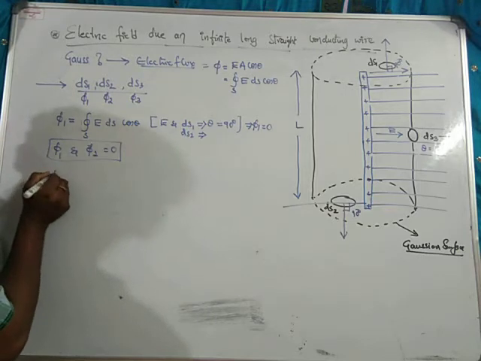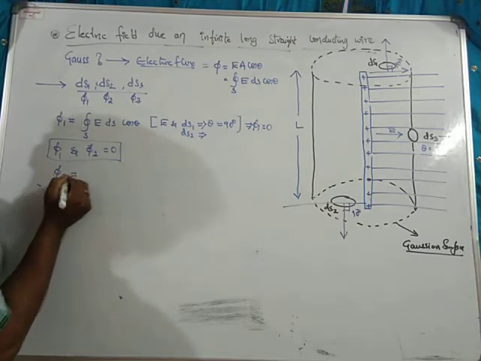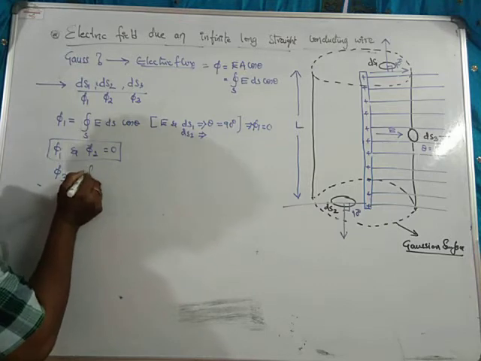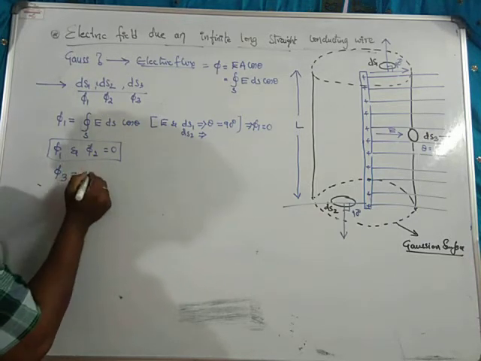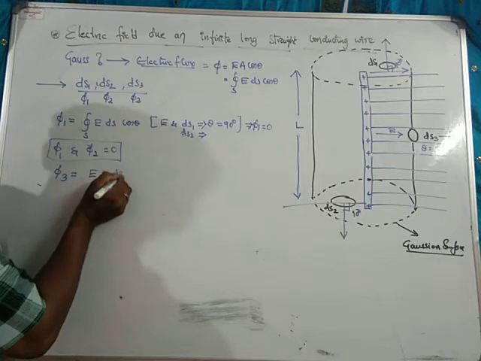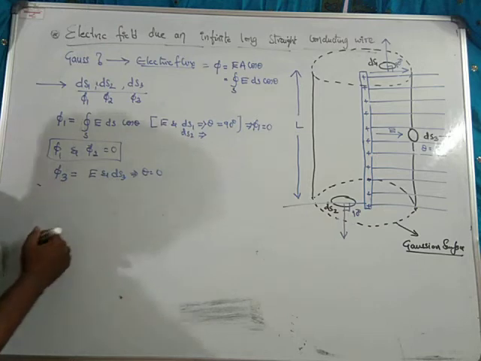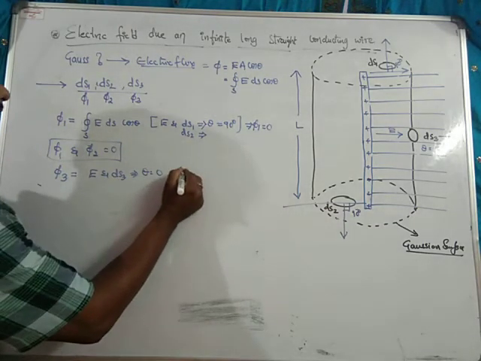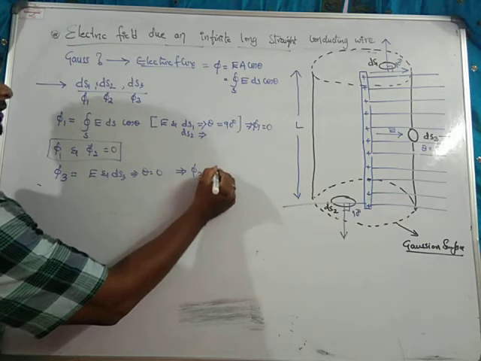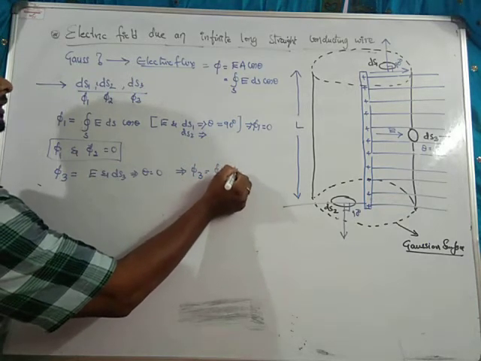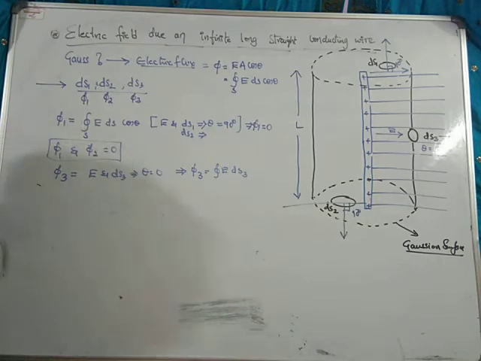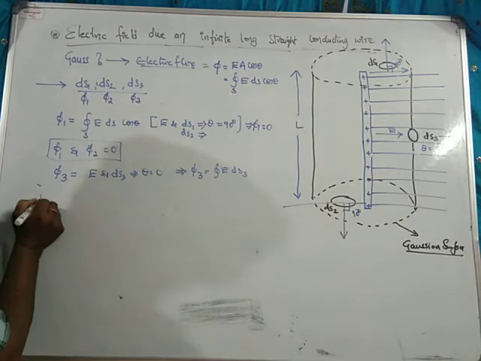At the end we have flux 3. Here E and ds3 both make an angle of 0, so cos 0 is equal to 1. So flux 3 is equal to the integration of E ds3. Now what will be the net flux?